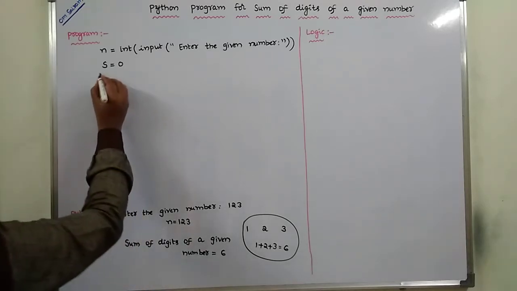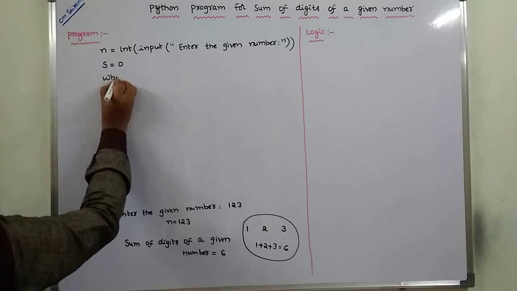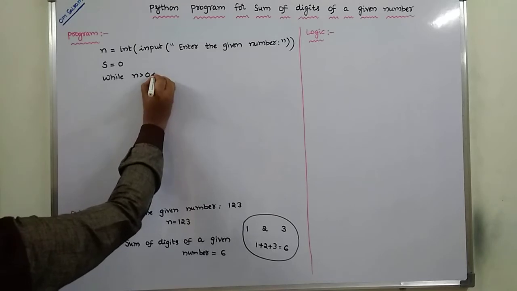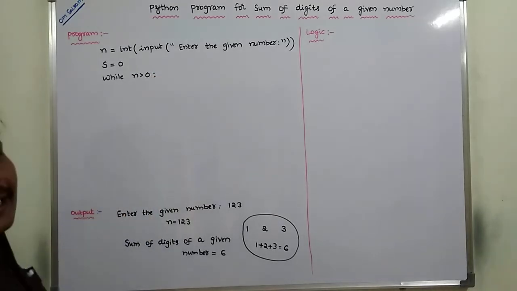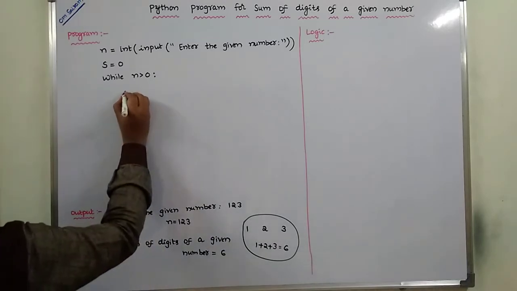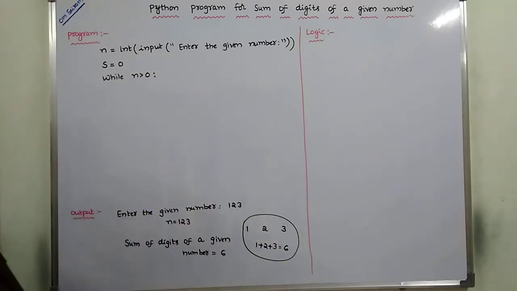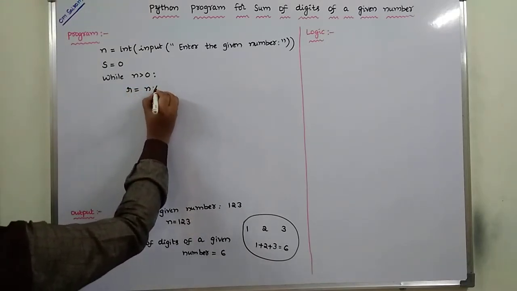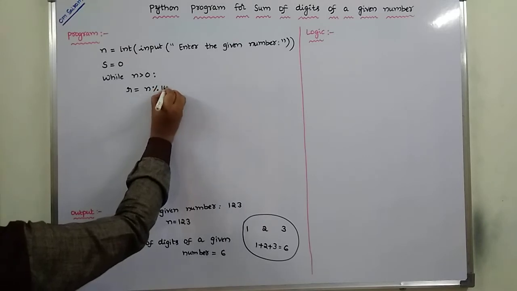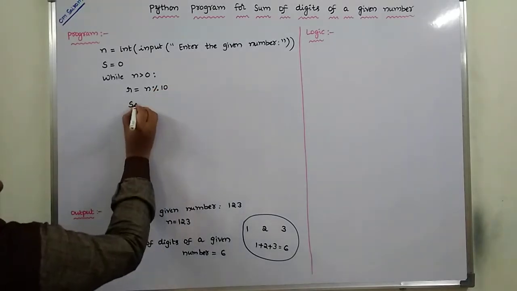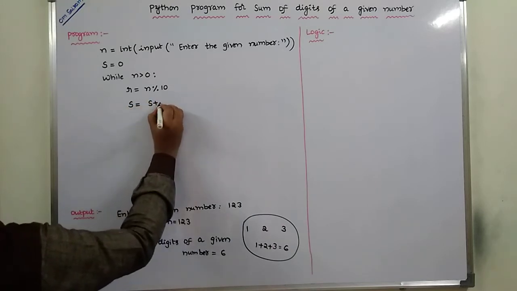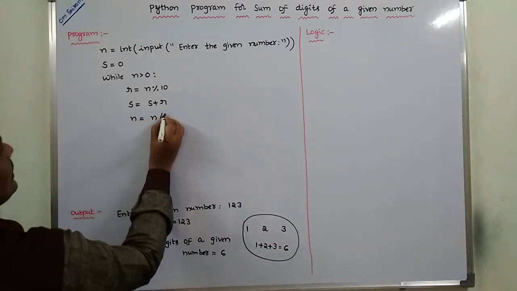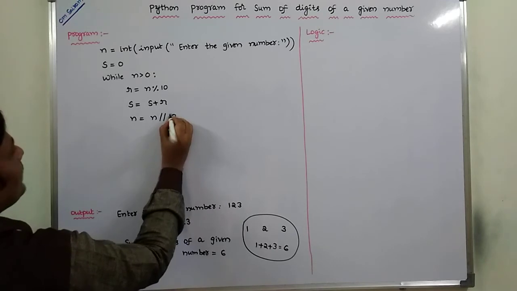Next, while n greater than 0 colon. Then the statements within the while loop are written. r is equal to n modulus operator 10. Next one, s is equal to s plus r. Next one, n is equal to n divided by 10.